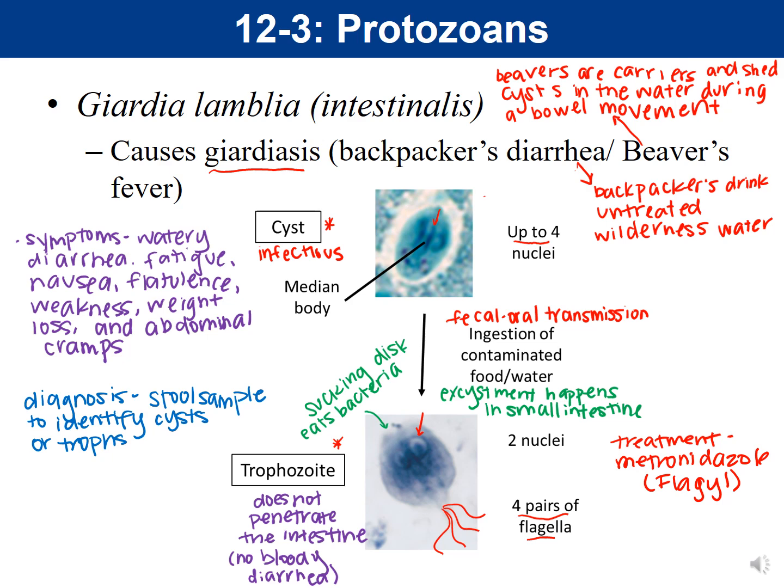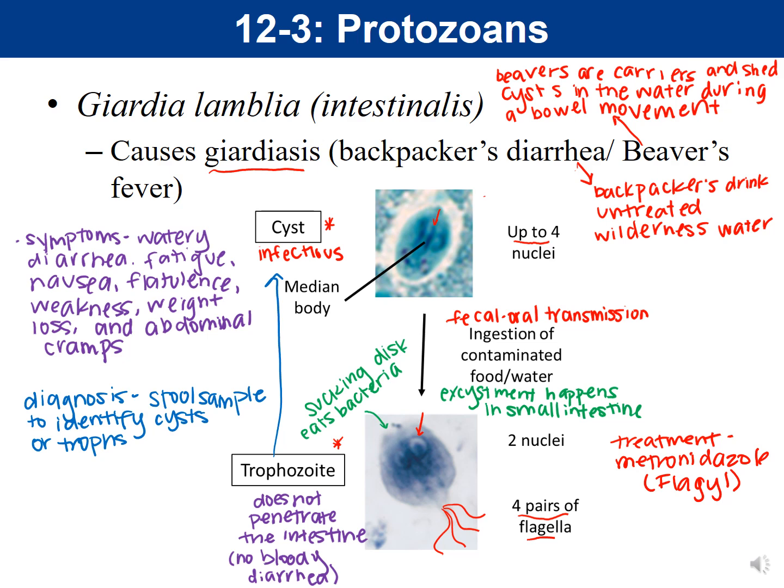Because again, just like the others, as the trophozoite passes through the colon, it's going to go back to forming a multinucleated cyst. And the multinucleated cysts are then shed in the feces and can produce infection of a new host upon ingestion. Again, remember that the cysts are very hardy and can survive for several months in cold water.